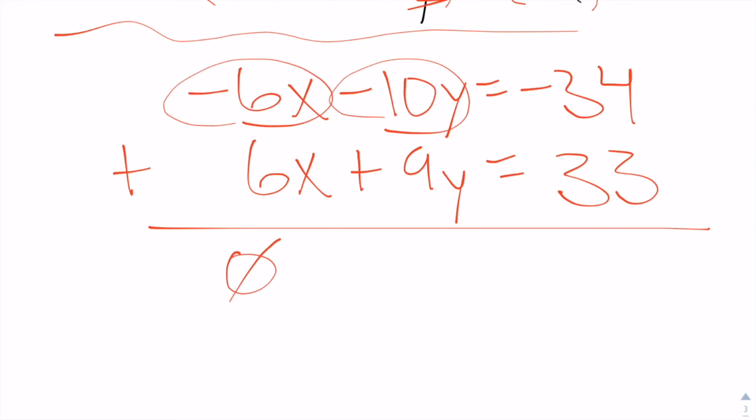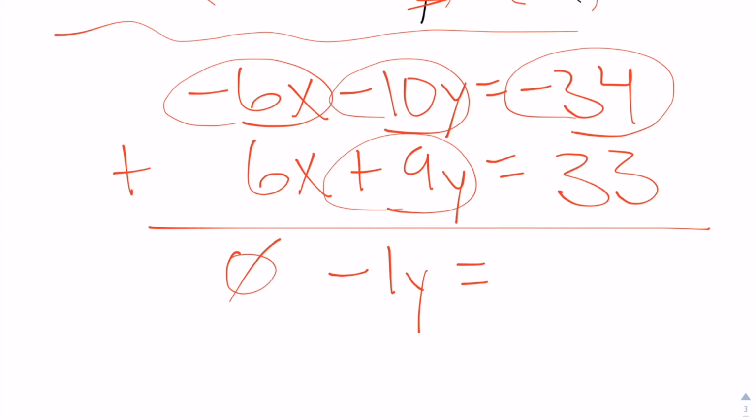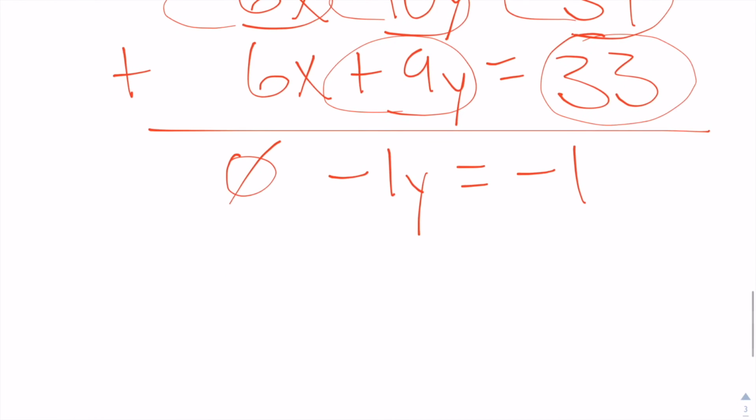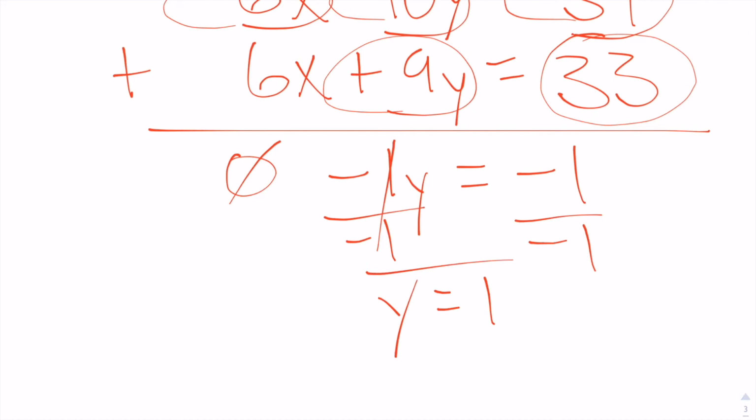Negative 10y plus 9y is negative 1y equals negative 34 plus 33 is negative 1. Pretty easy. Negative 1 divided by negative 1. Y equals positive 1, because a negative divided by negative is a positive.